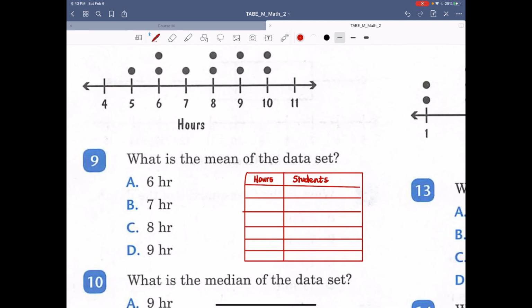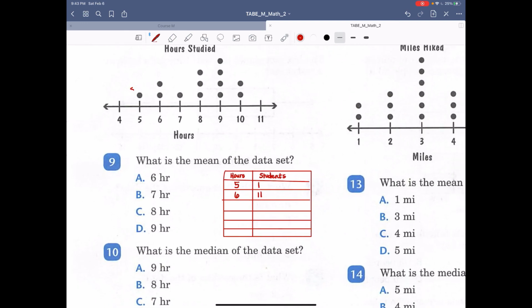So nobody said 4 hours, so I'm not even going to put that on my table. One student said, I study 5 hours a week. 2 students said, I study 6 hours a week. And remember, this dot is a student, one person.